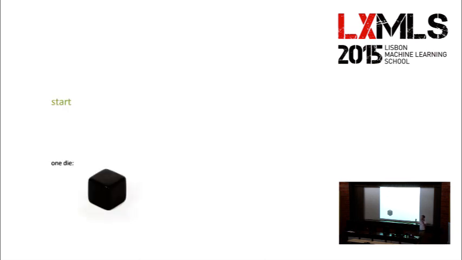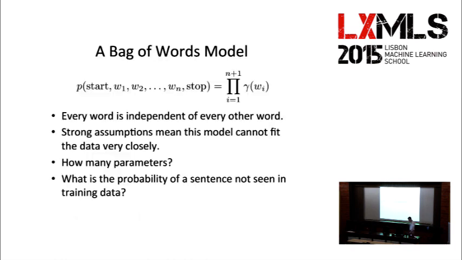Each word, you pick up the die, you roll it, you get the next word. Okay, so start, I want a flight to Lisbon. It's very boring. Each time we just roll this die, and it forgets. It doesn't remember anything about what was already generated. And then we generate a stop. Okay, the way we say this mathematically is that every word is conditionally independent of every other word.